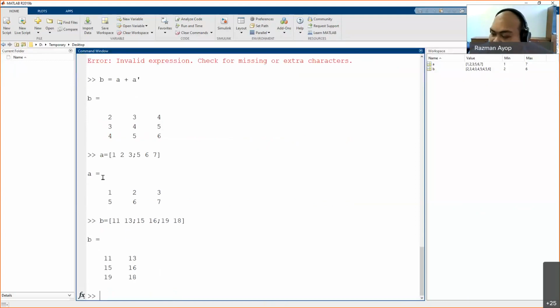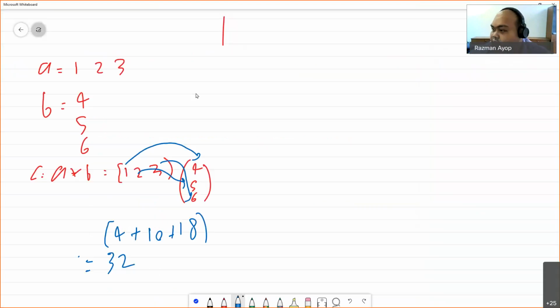Remember, make sure that you use the correct array size. This size is 2 multiplied by 3. This one is 3 multiplied by 2. So make sure that at the center, remember the center here, you have the correct size.